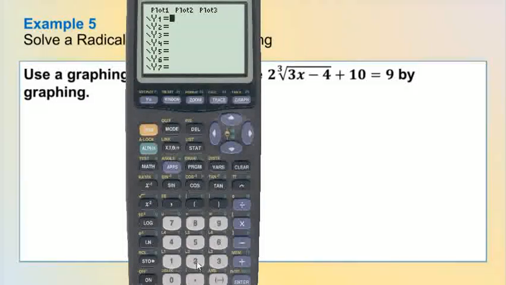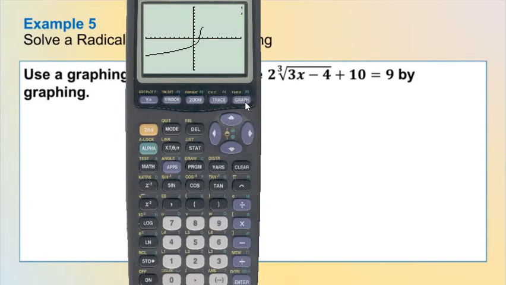So we've got 2 cube root of (3x minus 4) in parentheses. I'll subtract 9 on both sides and then I get plus 1 here. So we'll just do it with 1 here and then I'll show you how to do it if you did 2 separate ones.